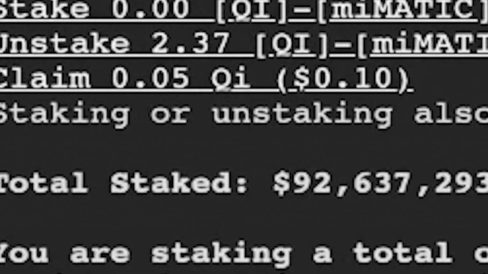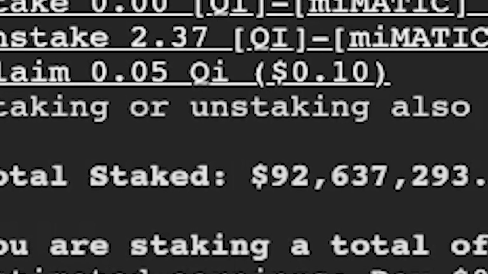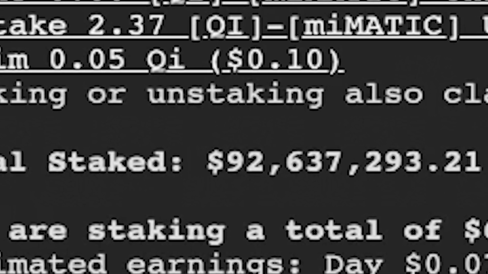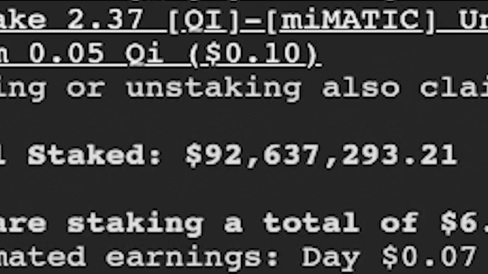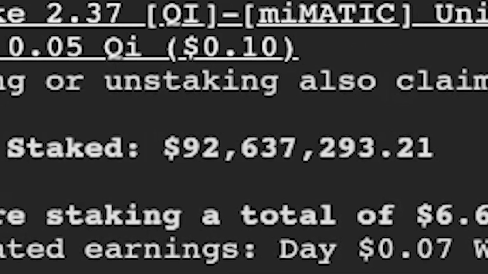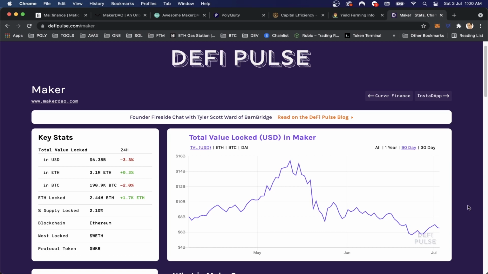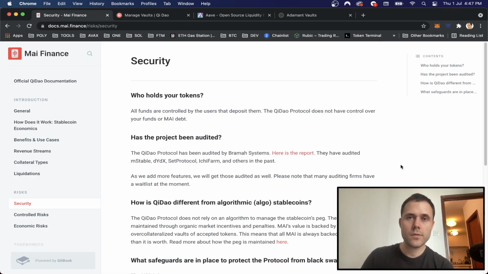So the upside potential for Mai Finance is absolutely massive. If we compare this 29 million currently staked on Mai Finance to the total TVL of MakerDAO, which is at 6.5 billion.